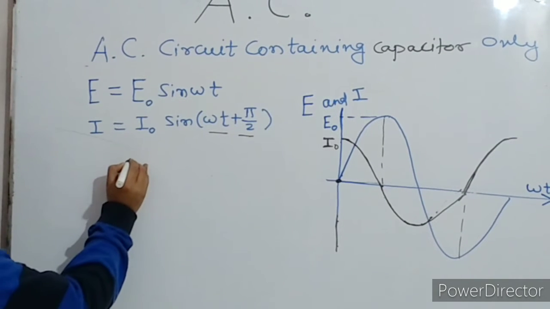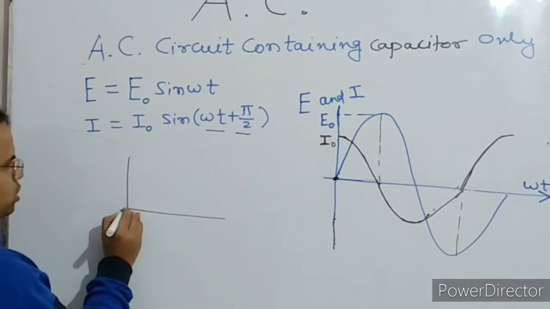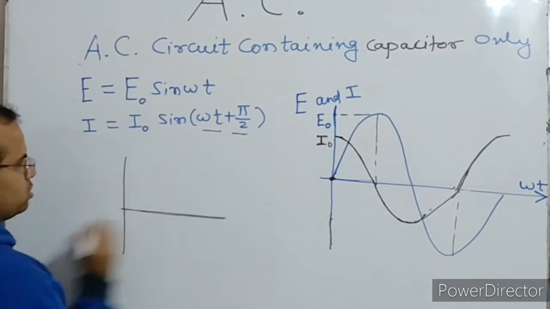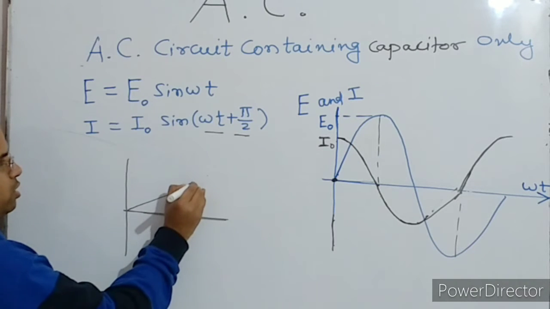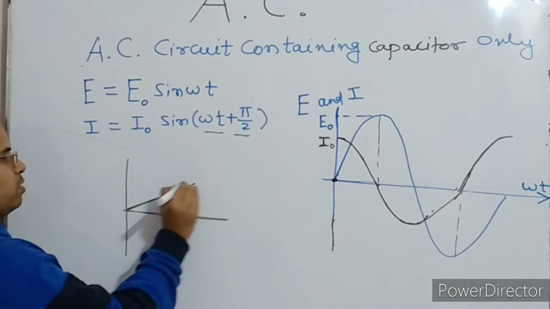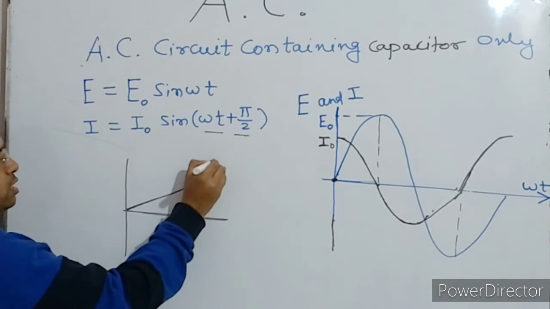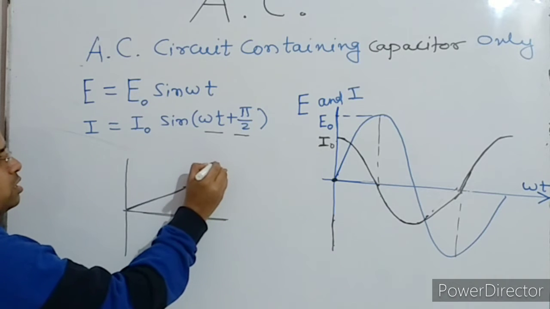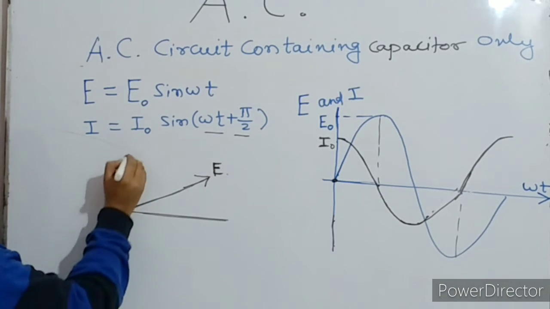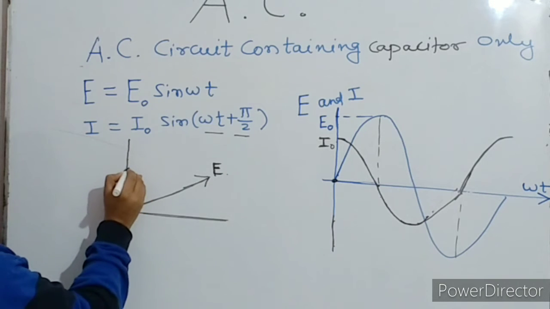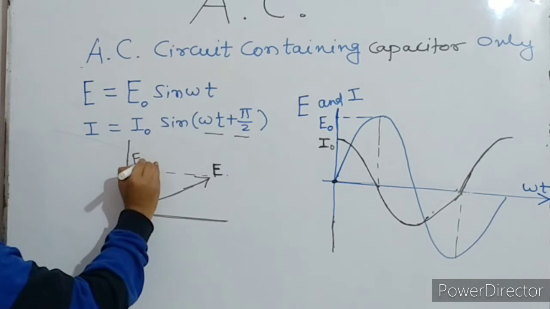As far as the phasor diagram is concerned, this is what we have. If the EMF is somewhere here, this is the EMF, and its maximum value is E naught.